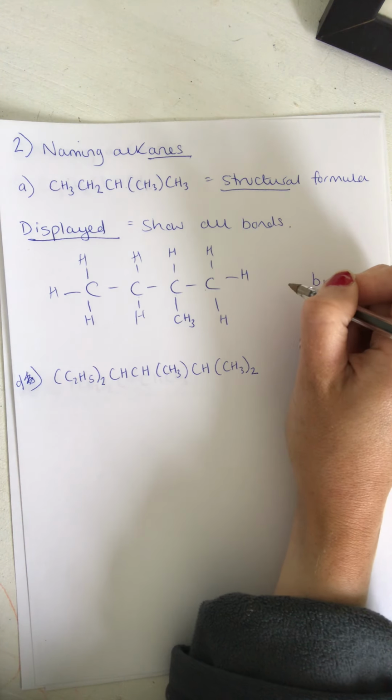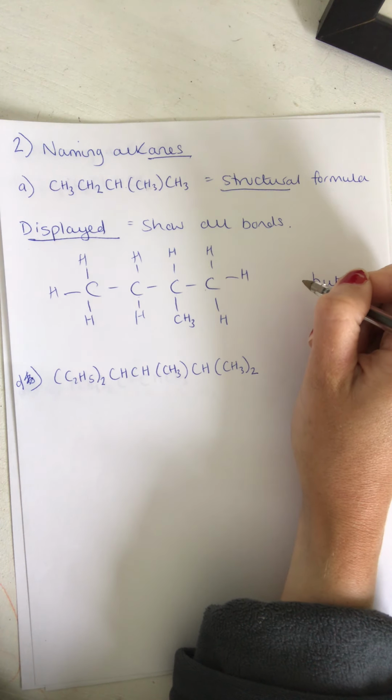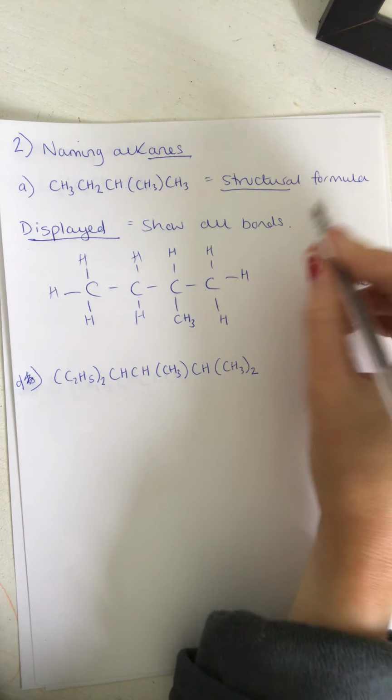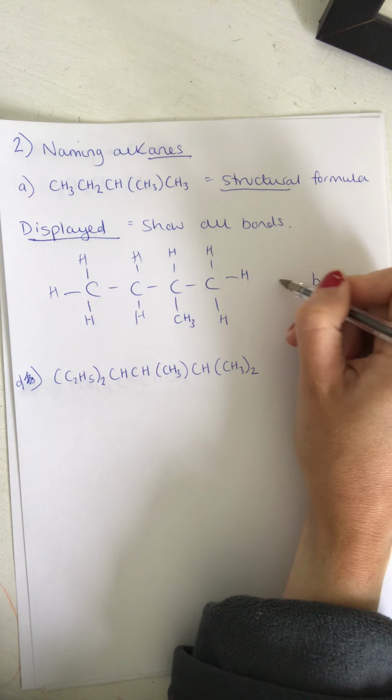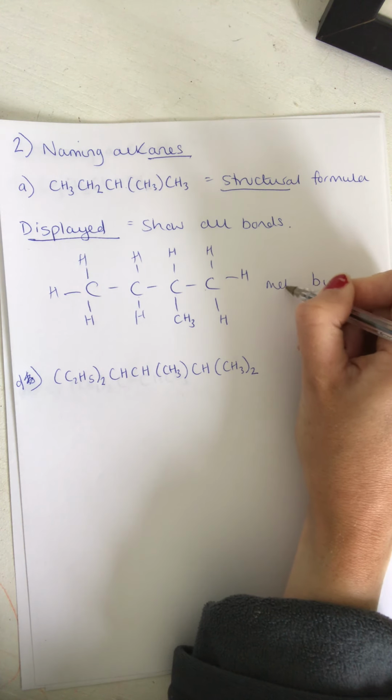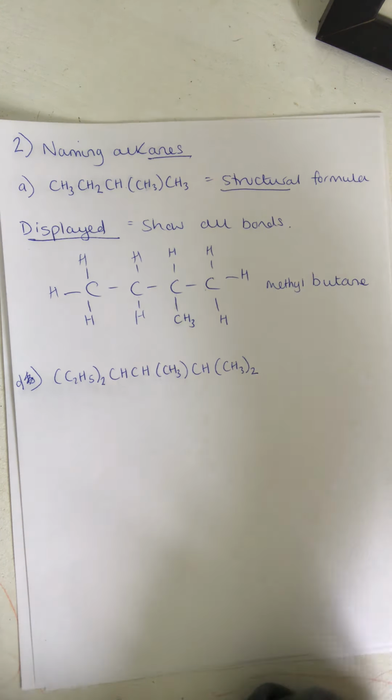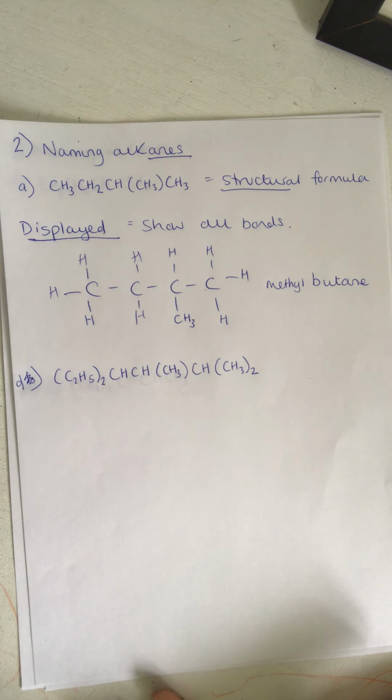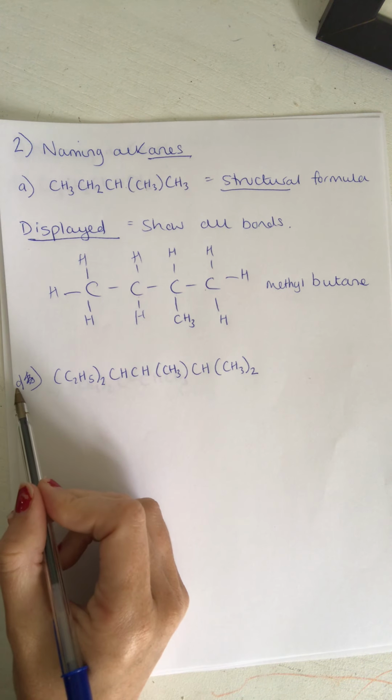Now we don't actually need to put the number in, for reasons that will become clear a bit later on in the course, but that is therefore going to be methylbutane.